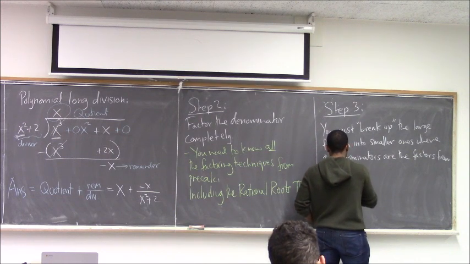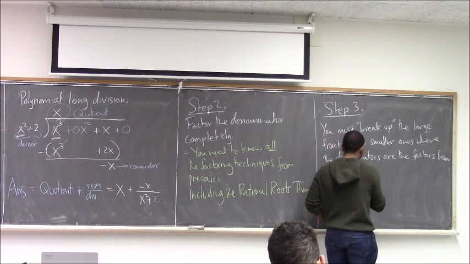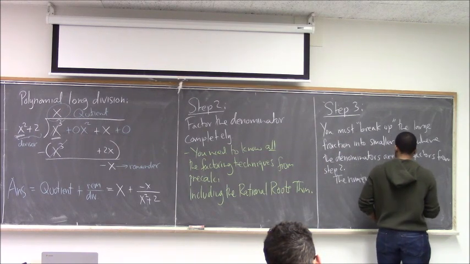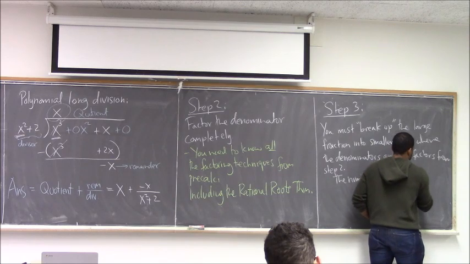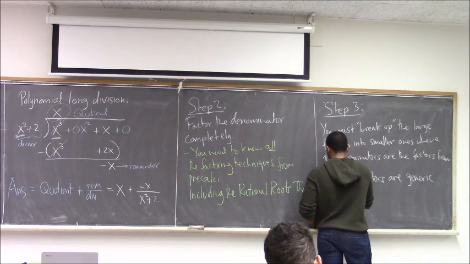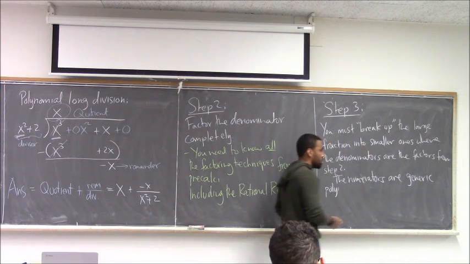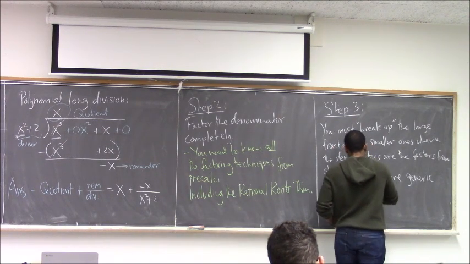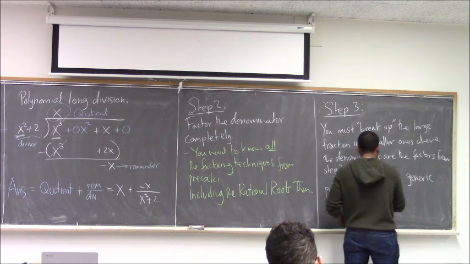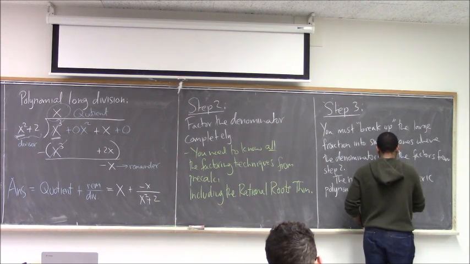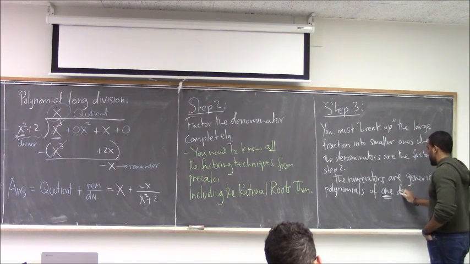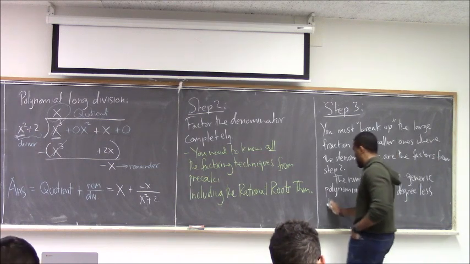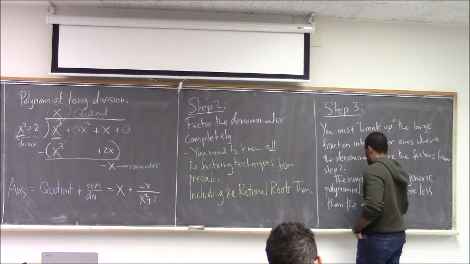The numerators are generic polynomials, so you're not going to know exactly what they are at face value. They are generic polynomials of specifically 1 degree less than the denominator.